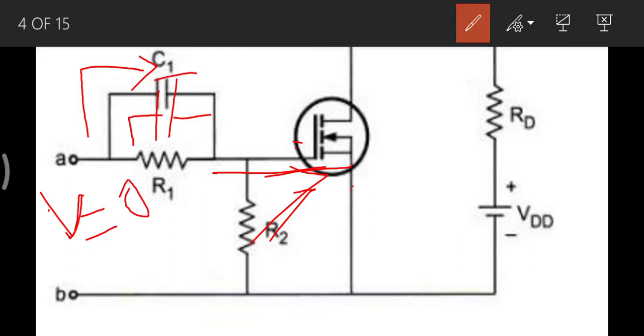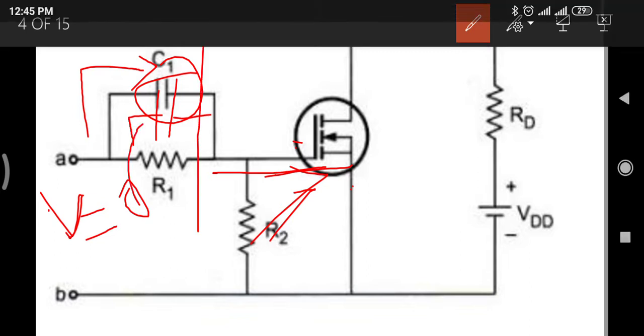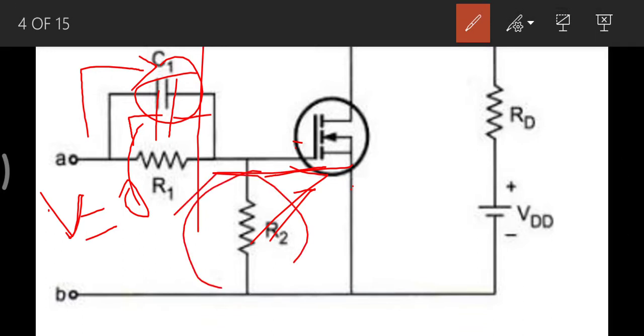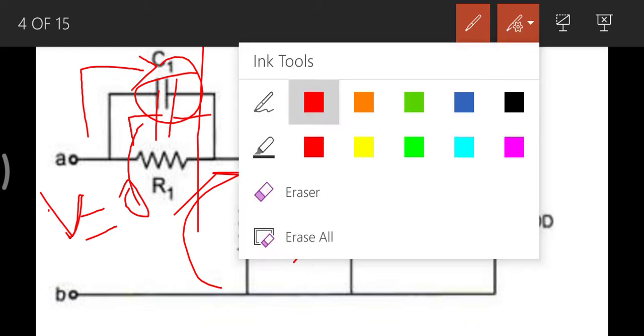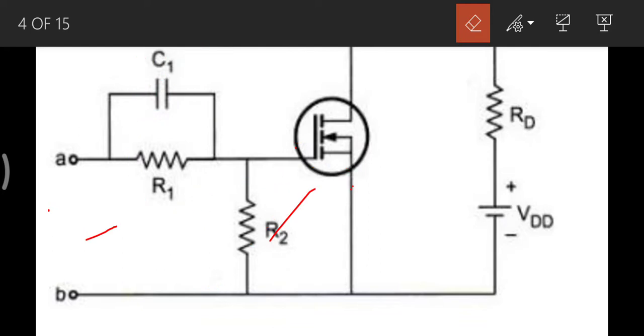After that this capacitor, which previously stored some charge, applies it in the negative direction, therefore the charge on the gate source capacitance is removed quickly. Okay? So C1 discharges through R1, and R2 also helps to provide a discharge path for the gate source capacitance. This is the basic operation of the driving circuit of the MOSFET.